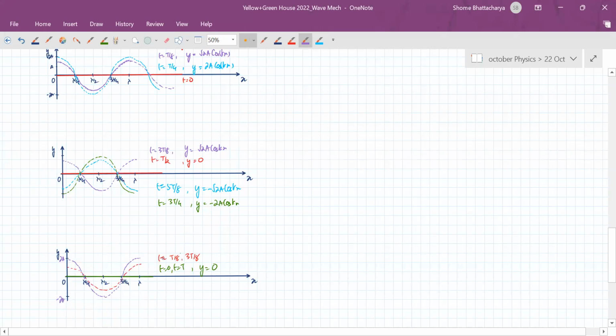This is happening at T by 4. Then it's coming to this side. We'll have this at 5T by 8, and then again at 7T by 8.